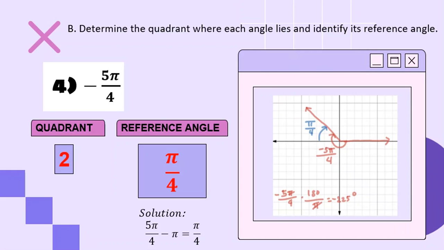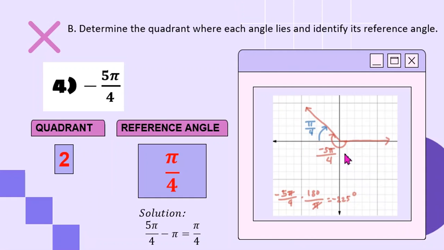Okay, another solution: the 5 pi over 4 that we have in red, we subtracted pi from it. Why pi? This straight line here, from the positive x to here, that's 180 degrees, that's equal to pi. Because I said, half revolution is just equal to pi. One full revolution, that's equal to 2 pi.